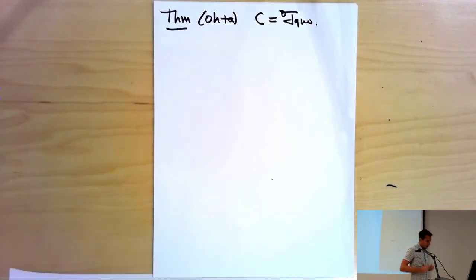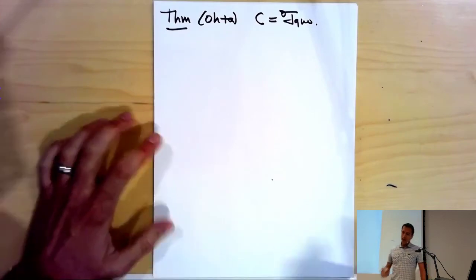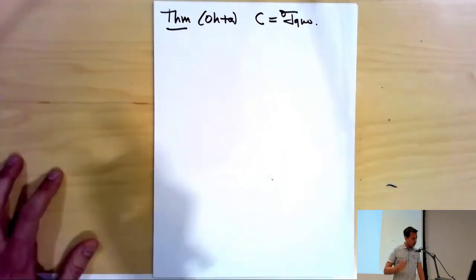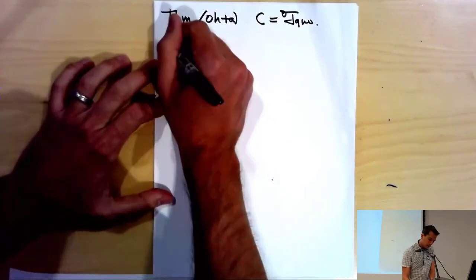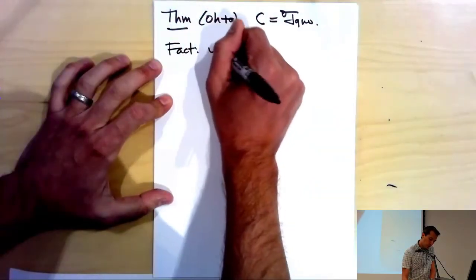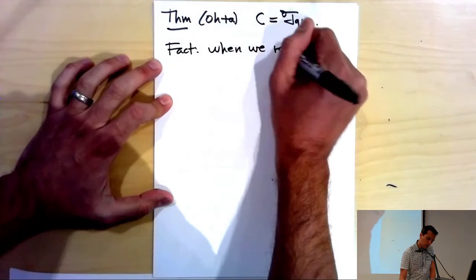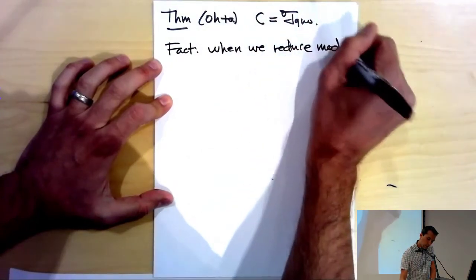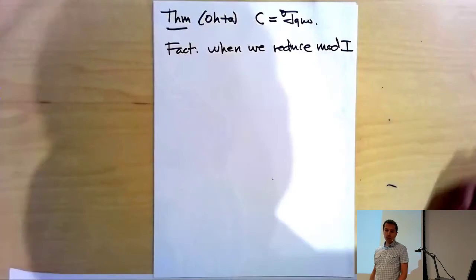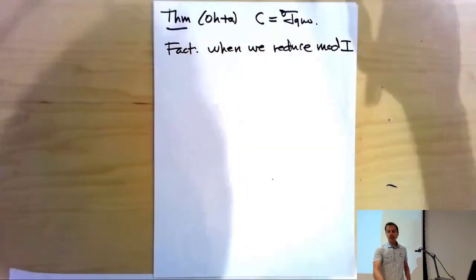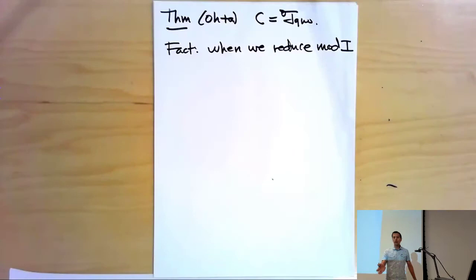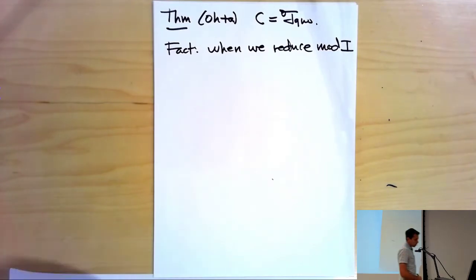So, okay, that's great. The second thing I want to say is, now that this C is T quo, when we reduce mod I, a lot of things become canonical. The isomorphisms between T sub and H, and T quo and the lambda-adic cusp forms S, are not canonical, but they become, in a sense, canonical when you tensor with the Witt vectors of the maximal unramified extension.